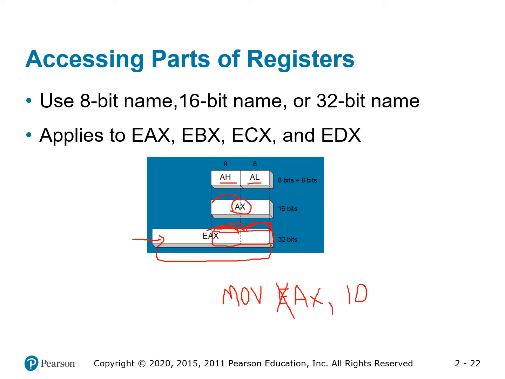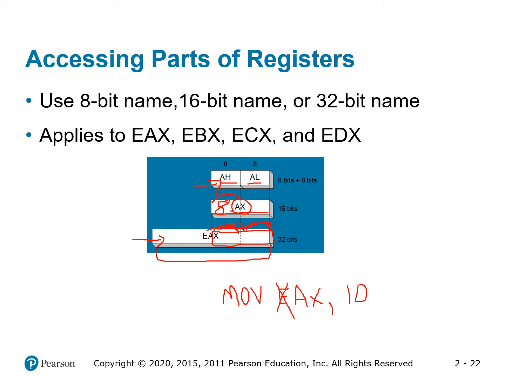Or let's say you have 16 bits in AX and you just need this first 8, then you can access it by using the register name AH.